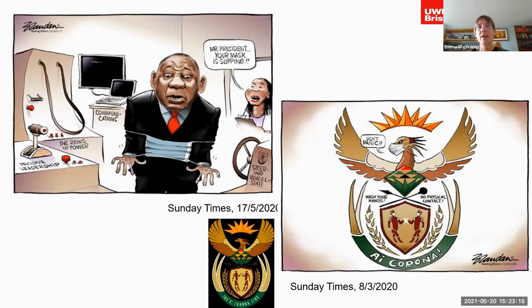Just below that cartoon, you can see the actual South African coat of arms, and I'll mention that the text on it says, in the Khoisan language, diverse peoples unite. So there is a kind of message about unity going on in this particular cartoon.